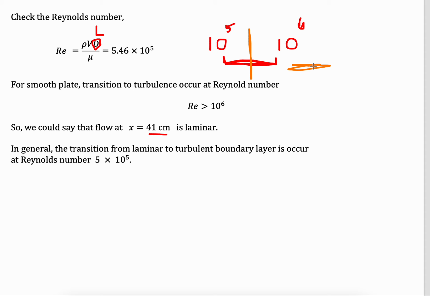For a smooth plate, we could say that the laminar flow still occurs until 10 to the power of 6, and the transition only occurs at this point. Later on in chapter 5 and chapter 6, we will learn how to determine or substitute the parameter to reflect the surface roughness for the Reynolds number.